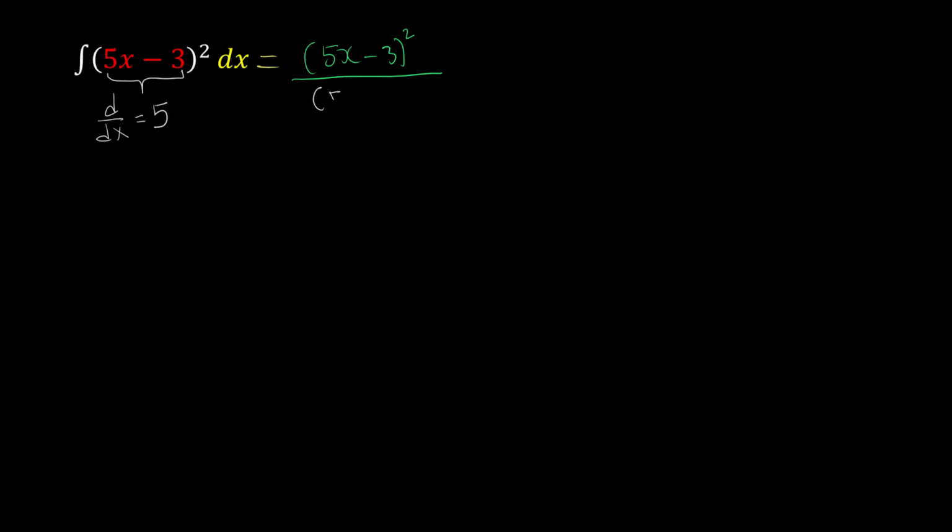So divided by 5, after that the power increases by 1 and we divide by the new power, 2 plus 1 is 3. And plus c because it's indefinite. Then we are done. So we can say that it's (5x minus 3) power of 3 over 15 plus c.